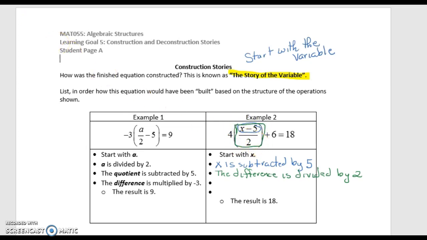Now that quantity, which is called a quotient, is being multiplied by this 4.